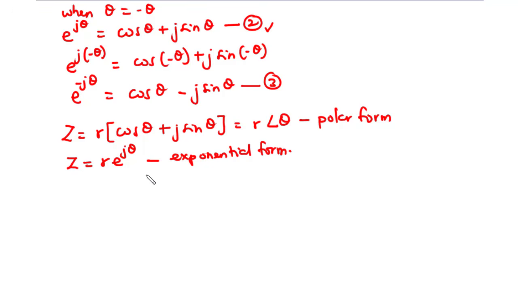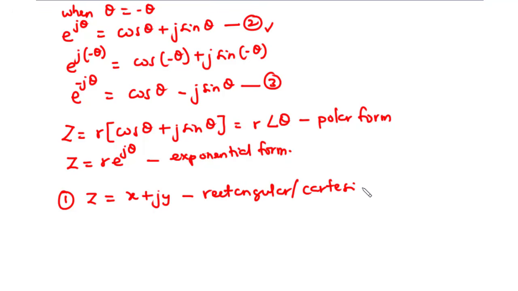So in summary, a complex number can be expressed in 3 different ways. We have the first one to be the rectangular form, that is of the form x plus jy. So we call this the rectangular or the Cartesian form.